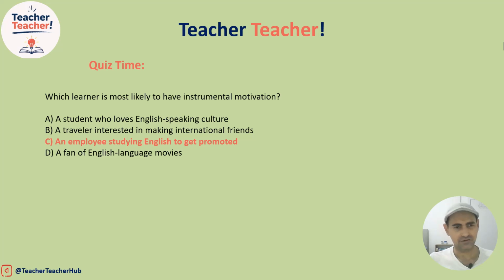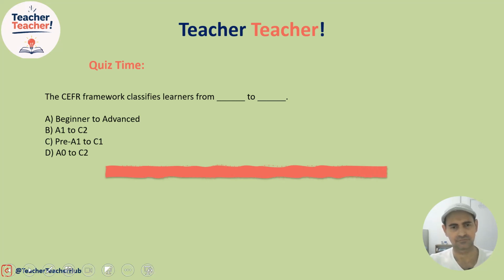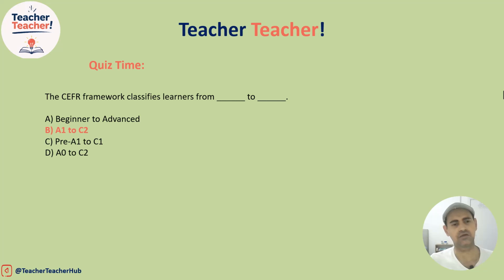Good. Let's take a look at the next question. So the CEFR framework classifies learners from, well, that's clear, A1 to C2.